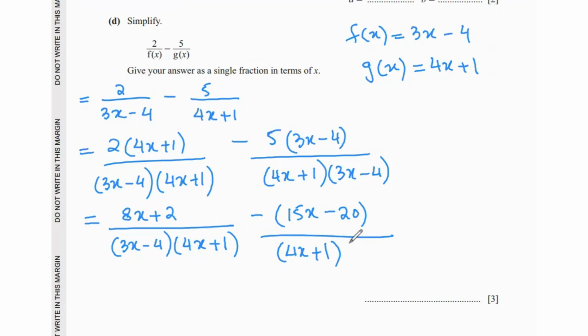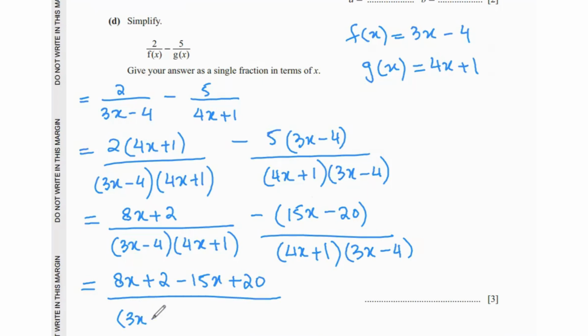Now, the next step is to put them as a single fraction and then simplify the numerator. So 8x plus 2 minus (15x minus 20) over (3x minus 4) times (4x plus 1). Since the denominators are the same, we can combine it as a single fraction. 8x minus 15x is going to be negative 7x, and 2 plus 20 is 22.